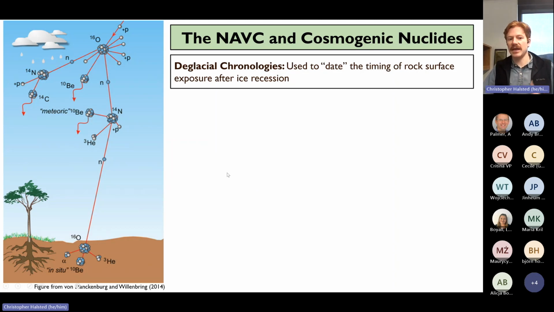So this is an isotope system, and the origins of cosmogenic nuclides are cosmic rays. They're from supernovas, and they're mostly high energy positively charged particles, mostly protons. So that's why they're called cosmogenic nuclides, because they have a cosmic source.